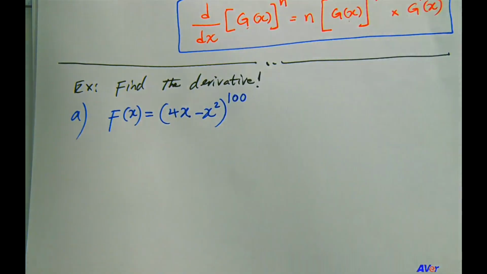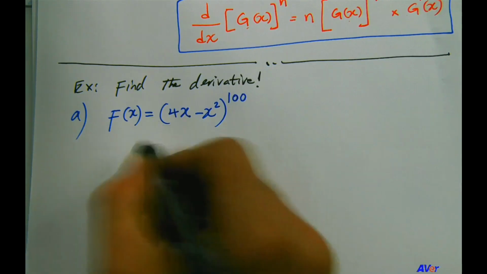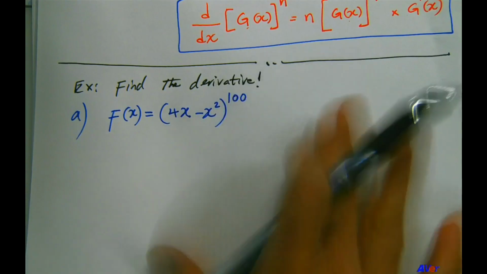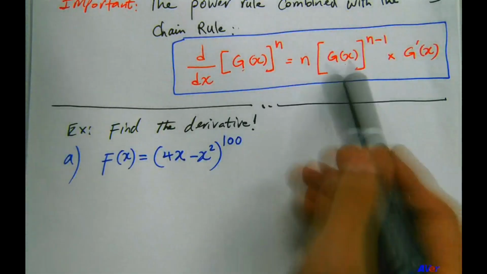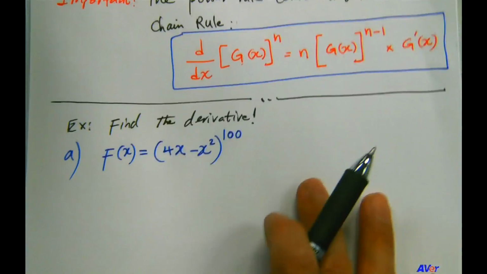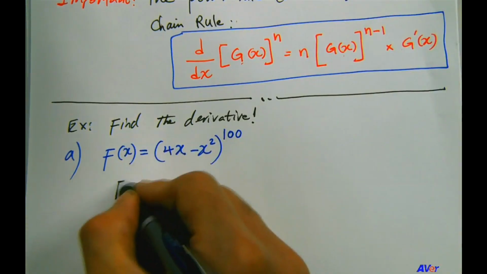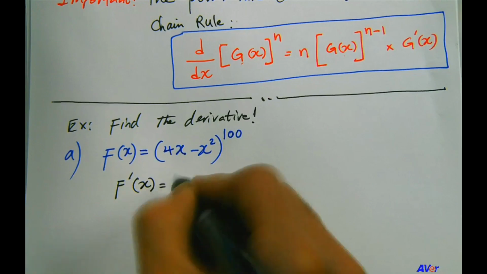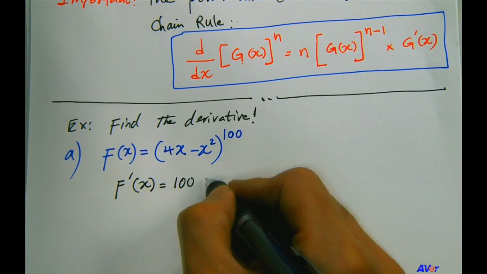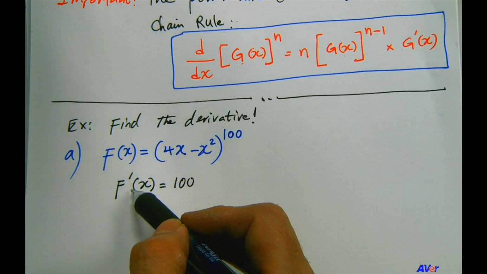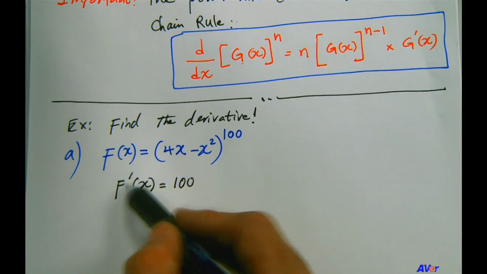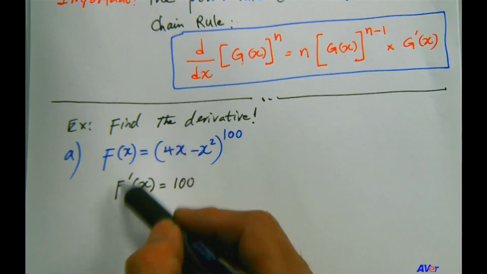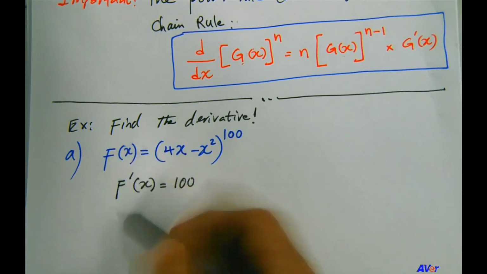So let's start with something like this, which is a quite easy problem to find the derivative for, especially using the chain rule. Okay, so then we can write, combining the power rule with the chain rule as we just saw, we can bring the 100 down. So this would be f prime of x equals 100. And I will use both notations. We need to get used to both notations, f prime and df dx and so on.